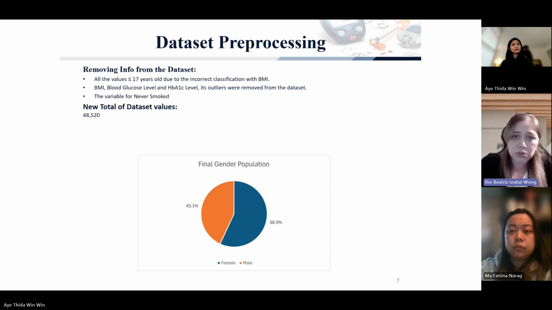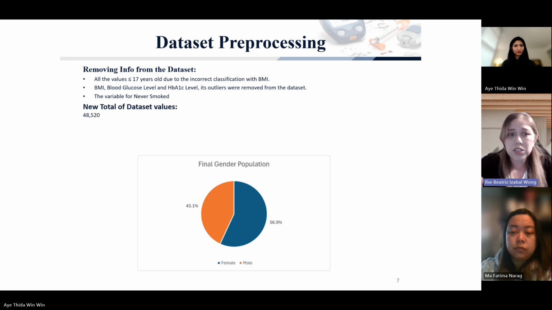Then we needed to preprocess our dataset and make it cleaner. We knew that we had people who were months old or 3 years old, and we also noticed that we had BMI values for these ages.